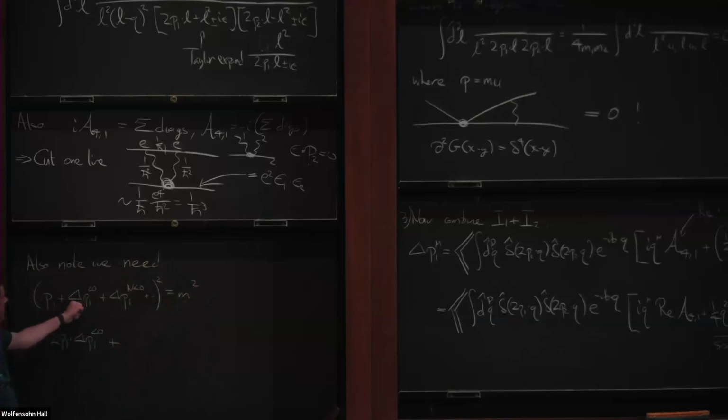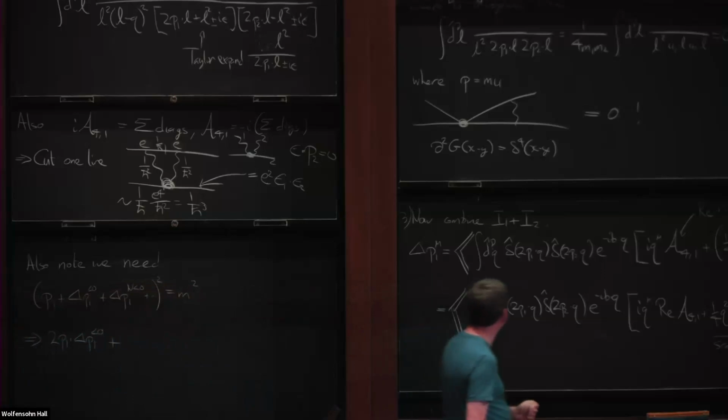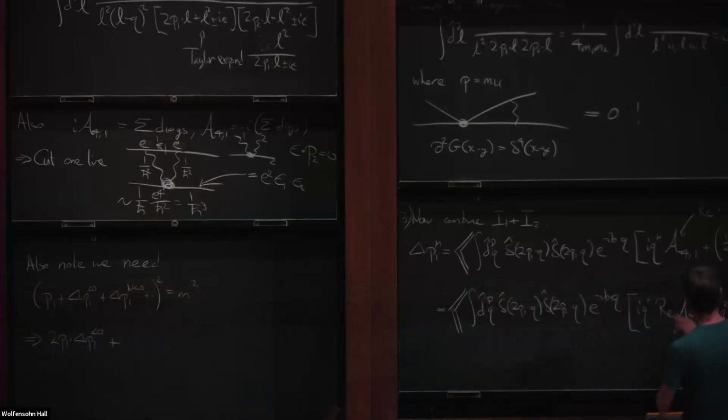But if this is order kappa squared and these are order kappa to the 4th, this thing here is the only kappa squared term, right? So it better be that P1 dot delta P1 leading order is 0. And that'll work out because, at leading order, you just need this first term. And if I dot delta P1 with P1, I'll get a P1 dot Q, but that's 0. So this thing goes away.